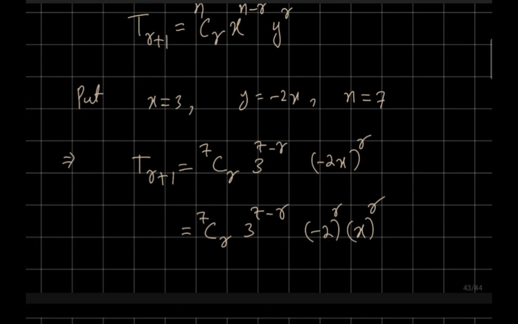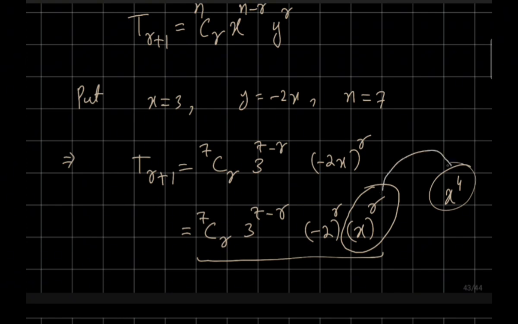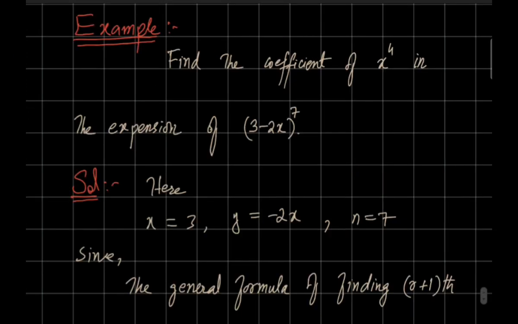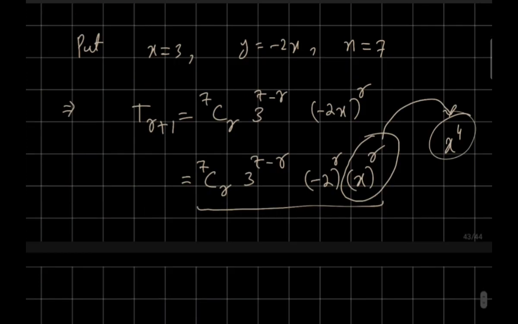In the question, we are required to find the coefficient of x^4. In this expression, you can see we have x^r, so we have to put r = 4.